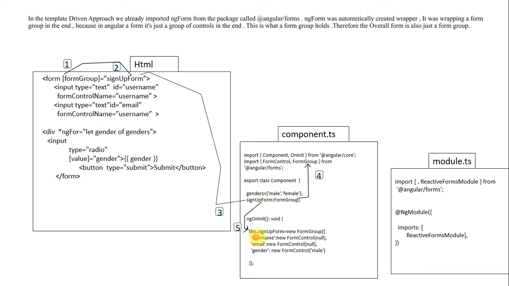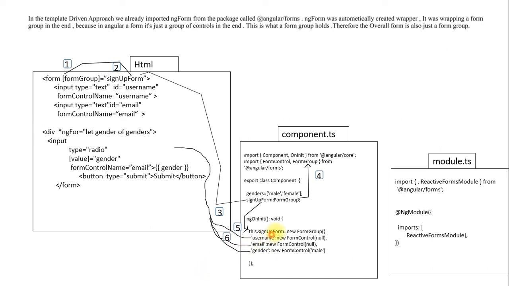After that it goes to the sign up form, and you can see that the sign up form contains username, email, gender. So username, email, gender go through here as the form control name: email, username, and gender. In this way it's making a connection with the HTML using this form group class.